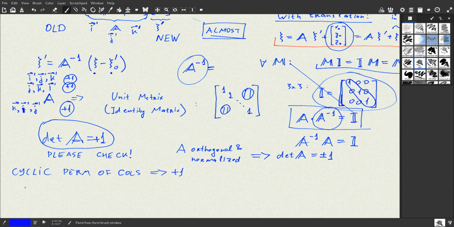But swapping, not cyclic permutation, but swapping any two columns, you would get -1. So cyclic permutation means that your coordinate system still remains right-handed.